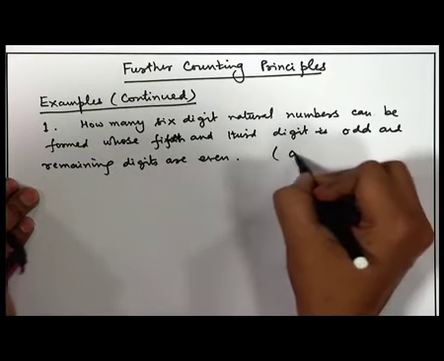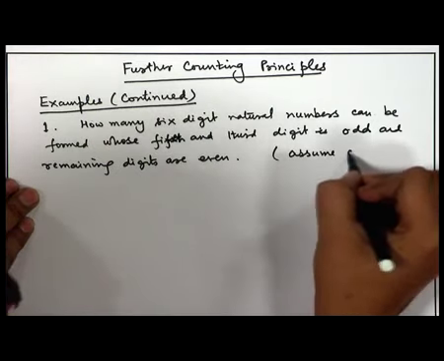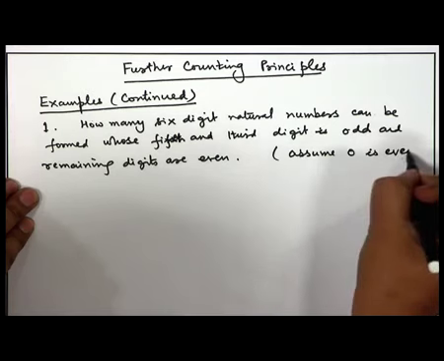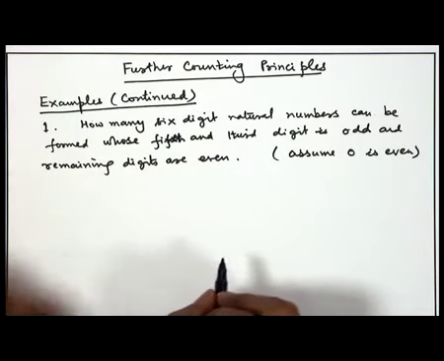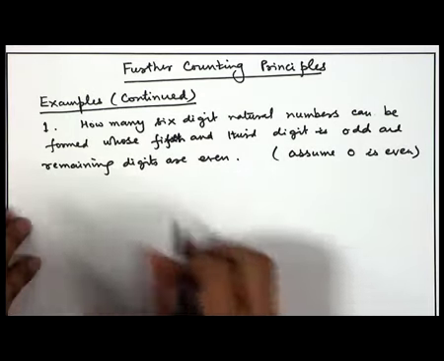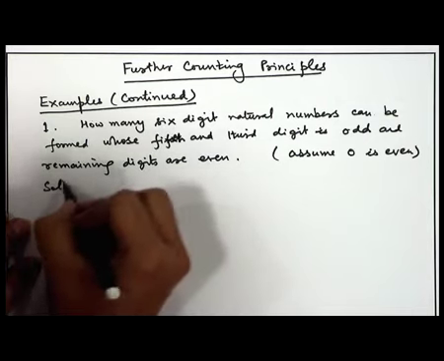We assume that 0 is also even, because 0 can be a digit here. So, we assume 0 to be even. Let us look at the solution.